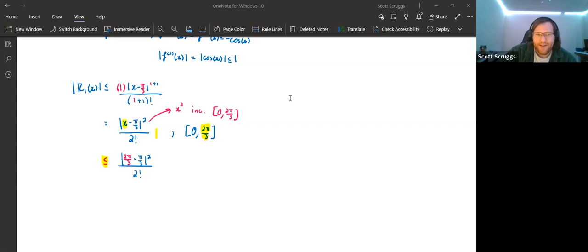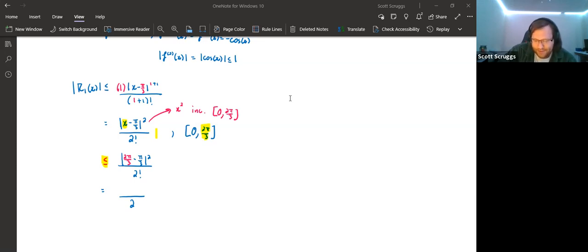So I'm using that fact to effectively get rid of that x for my remainder estimate. And then after we do that, we now evaluate. 2 factorial is 2. 2 pi over 3 minus pi over 3 is pi over 3.